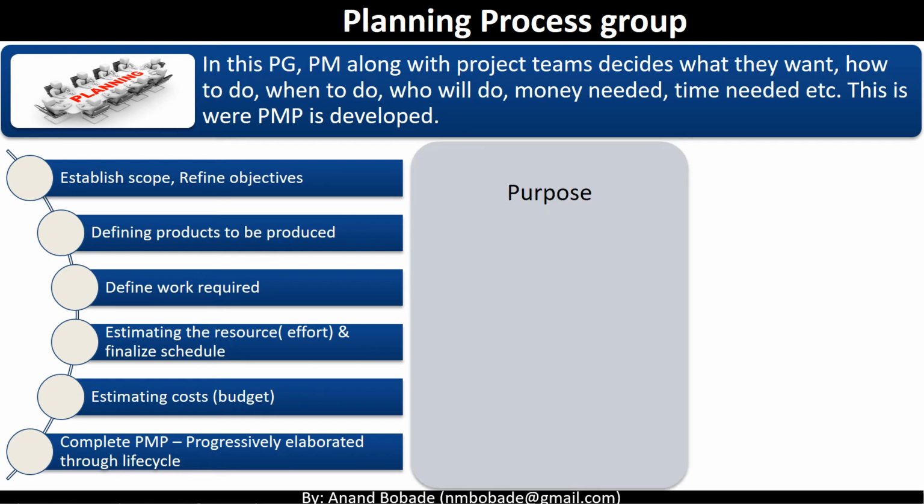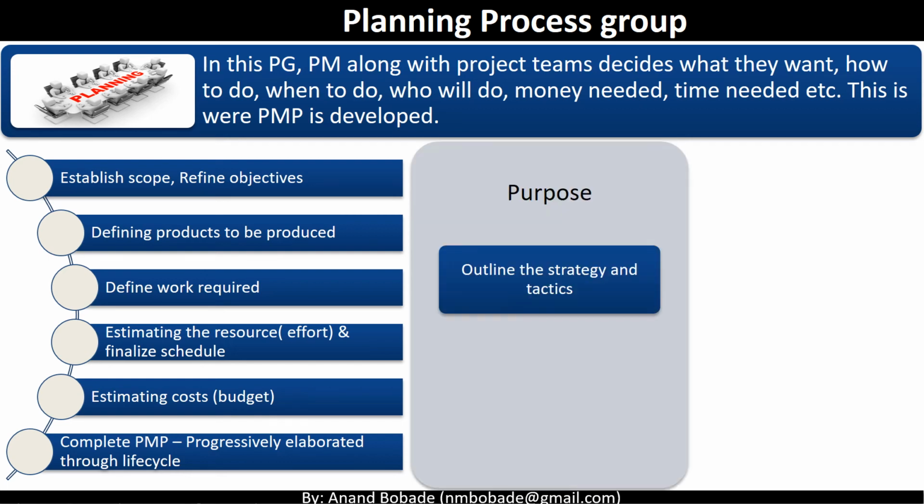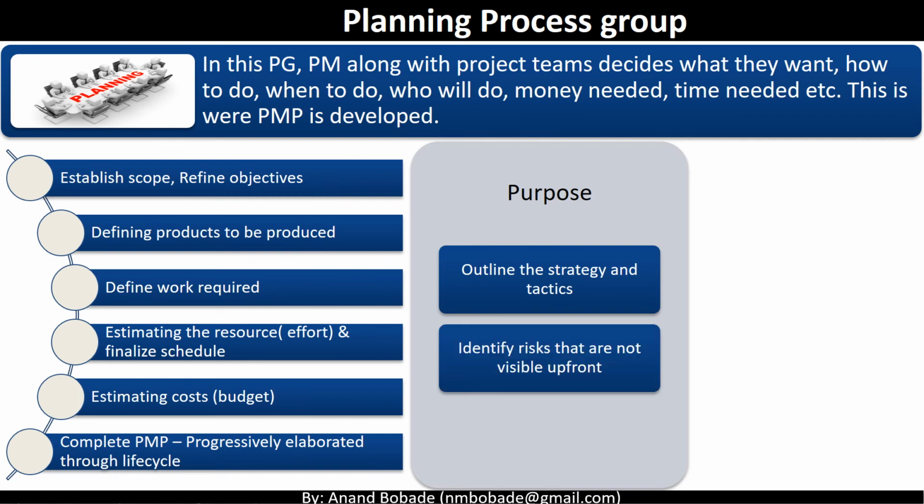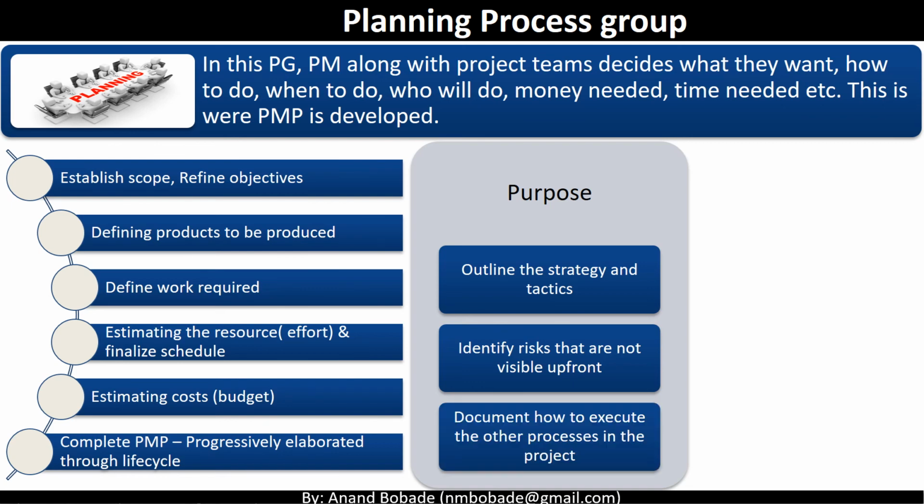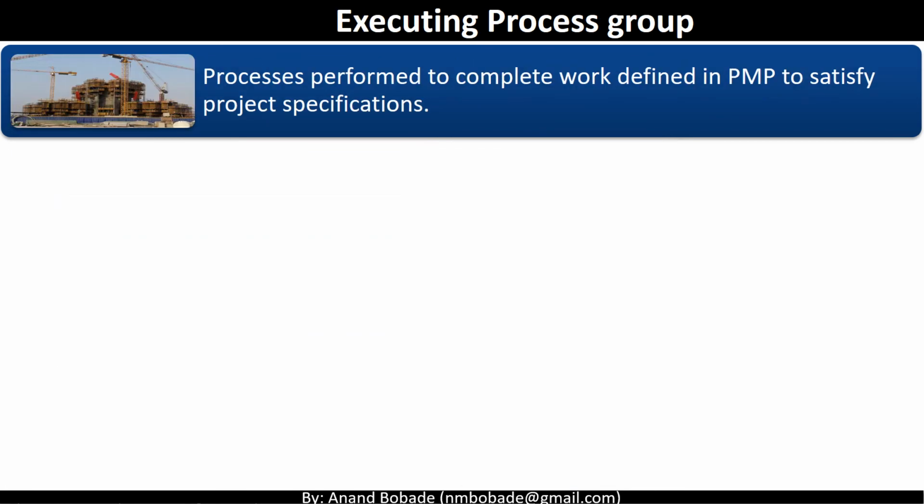The key purpose of this process group is to outline the strategy and tactics to successfully complete the project, identify risks that are not visible upfront and plan for them, and also document how to execute other processes in this project.